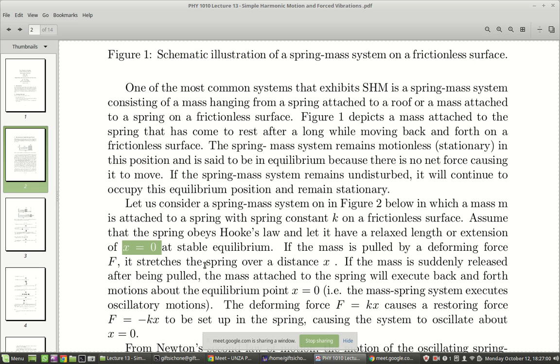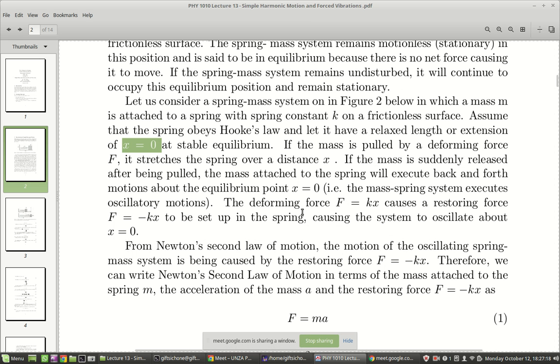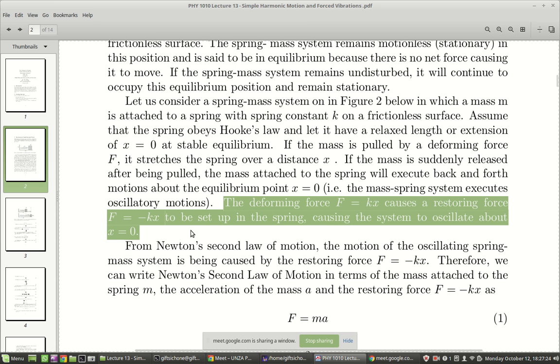When you let go of the mass you have stretched, the spring is going to pull back the mass. Okay? The spring is pulling back the mass, trying to bring it to its equilibrium position, because your action of stretching the spring set up a force inside the spring which is equal but opposite to the force you have applied.